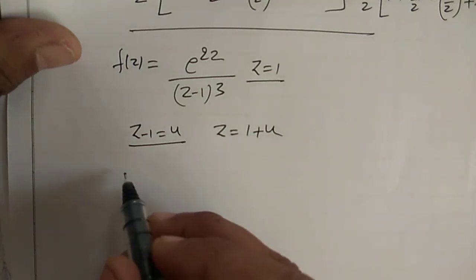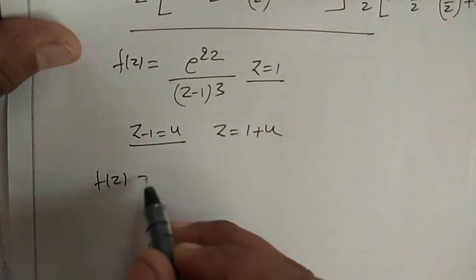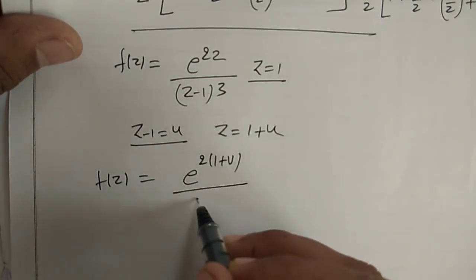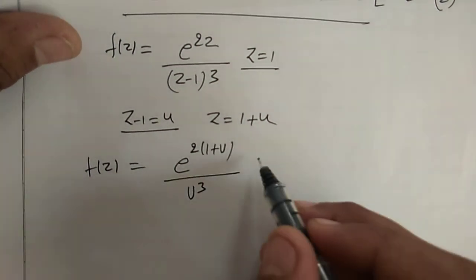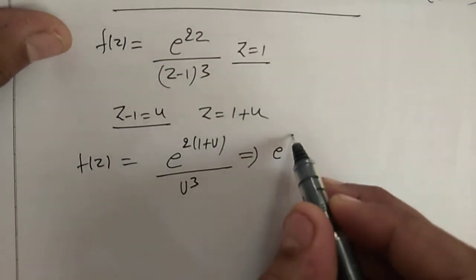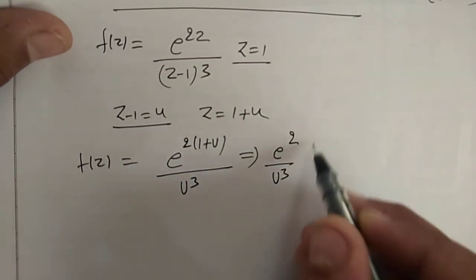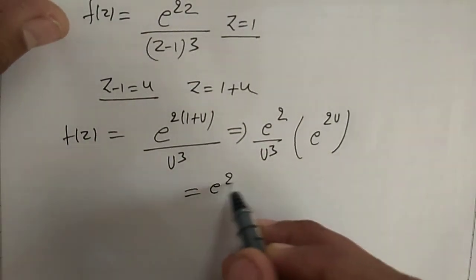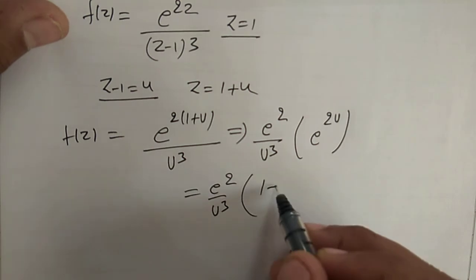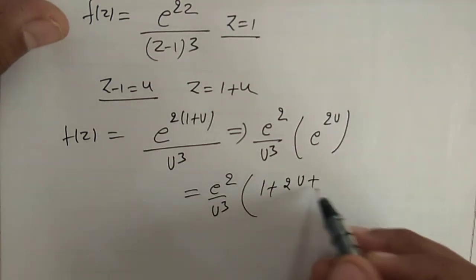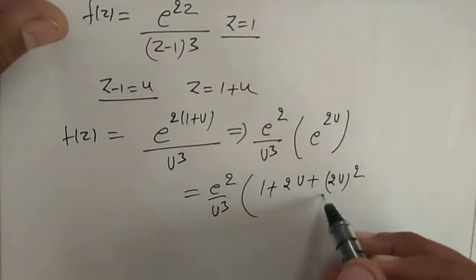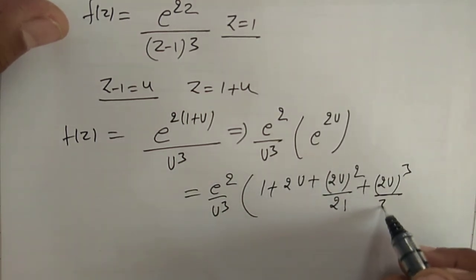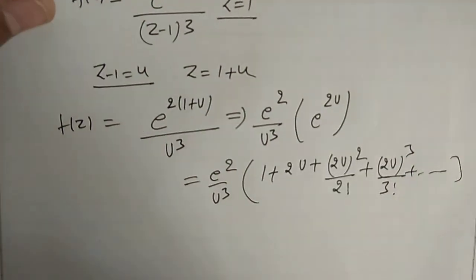Then we have f(z) = e^(2(1+u))/u^3, so e^2/u^3 times e^(2u). Then e^2/u^3 times (1 + 2u + (2u)^2/2! + (2u)^3/3! + ...).